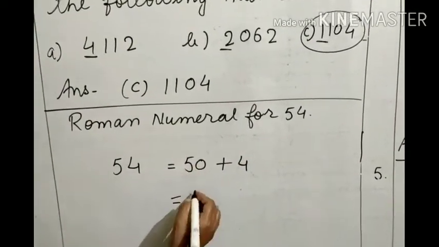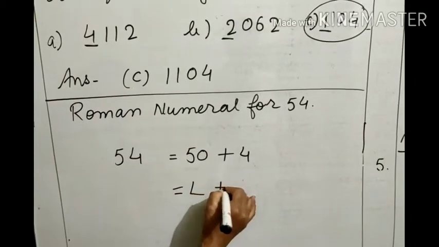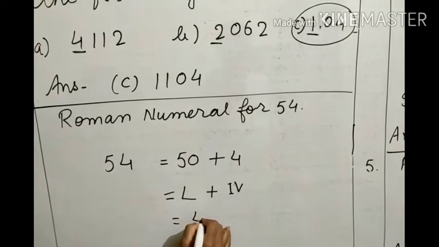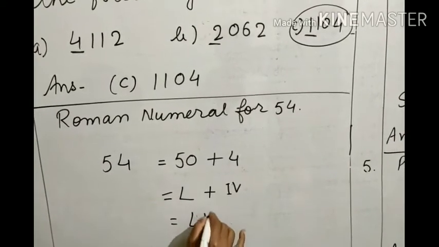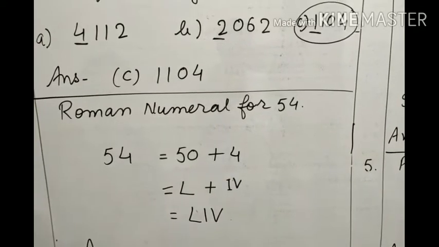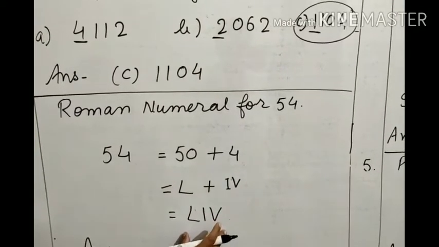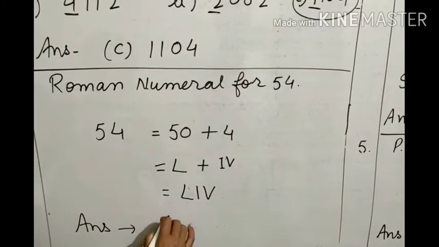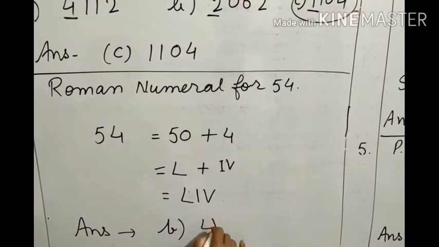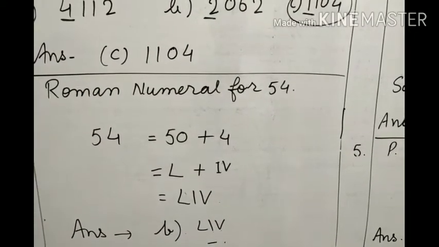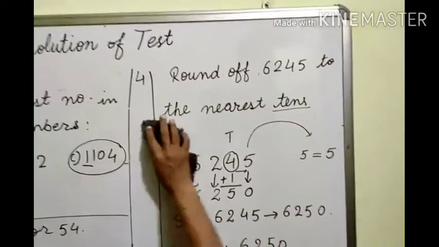The symbol for 50 is L and 4 will be written as IV. So we will combine them: LIV. Now we will see which option is right. We will match our answer to the options and option B is right. LIV.